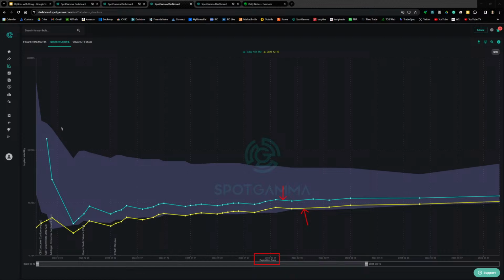And note that there was a substantial shift higher right here. Let's just check those expirations. All right, so that's today, and that's tomorrow.